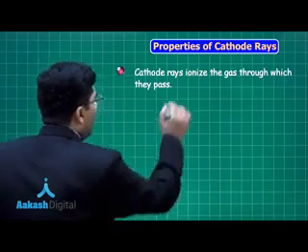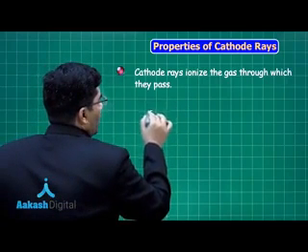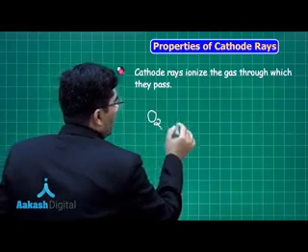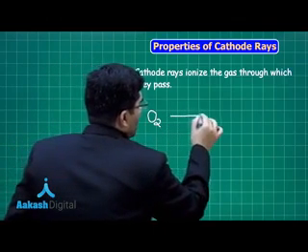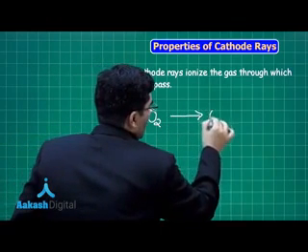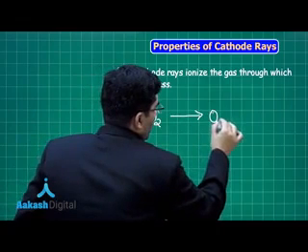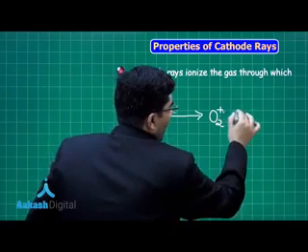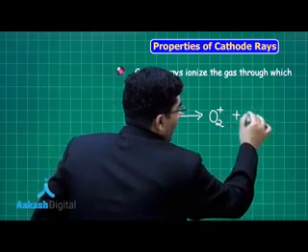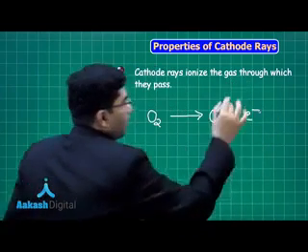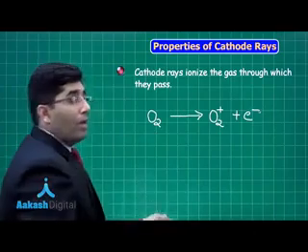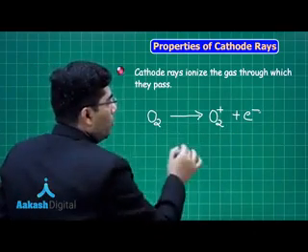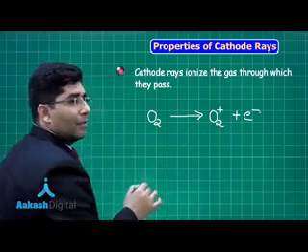For example, oxygen gas is present in the tube, so it becomes O2 plus, and it gives an electron. This electron moves towards the positive terminal, and this O2 plus moves towards the negative terminal.